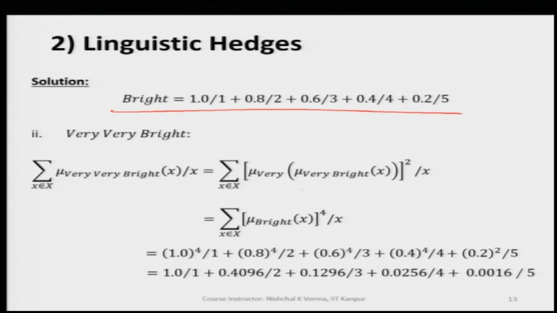When we square the membership values twice, the respective membership values become the original membership values raised to the power 4, which you can see here.